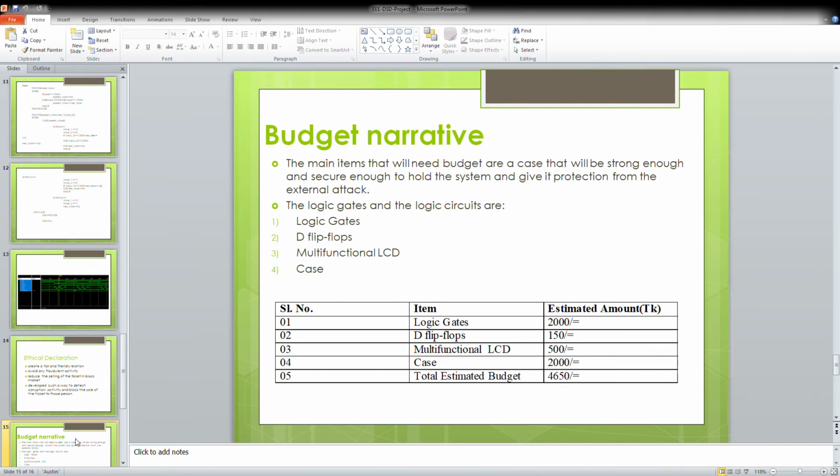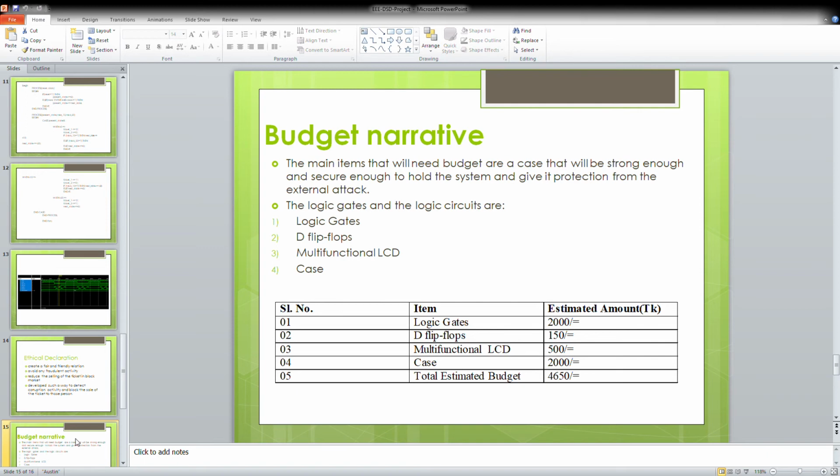Here we have the budget narrative. We made a narrative of the budget so that we can understand how much money is required to make this system. This system can be applied to any transportation: bus, train, and cars also.